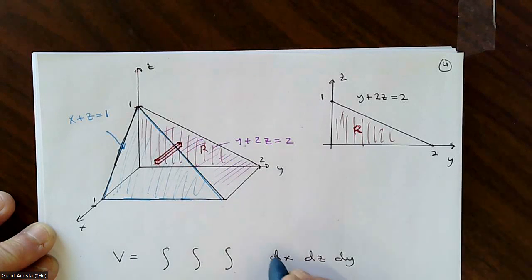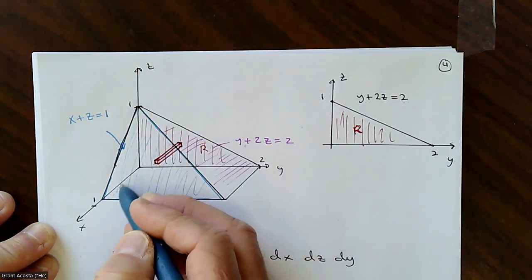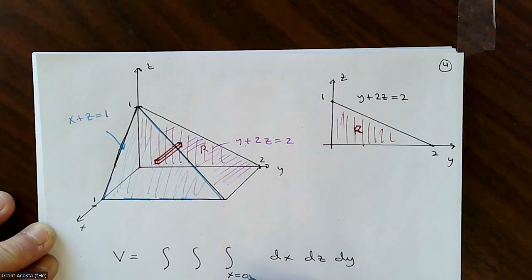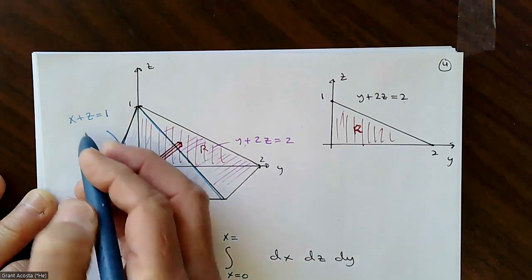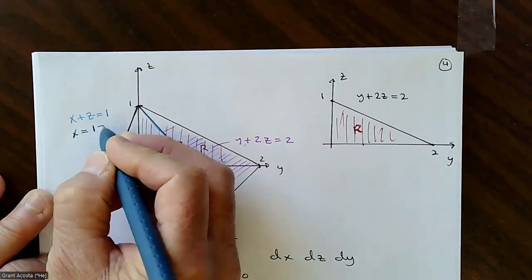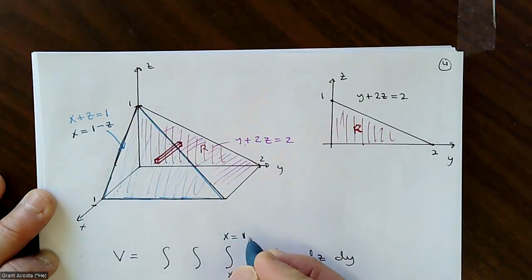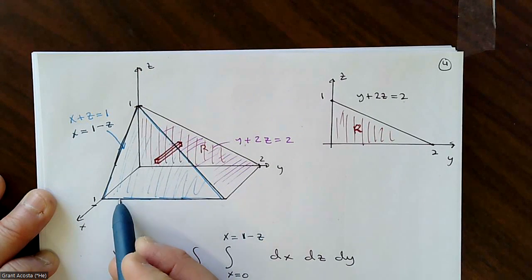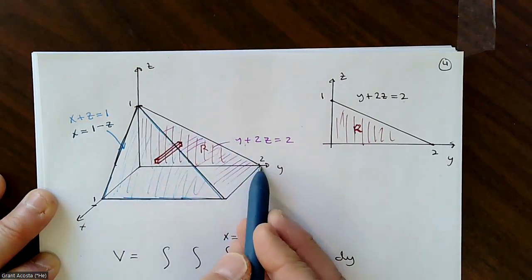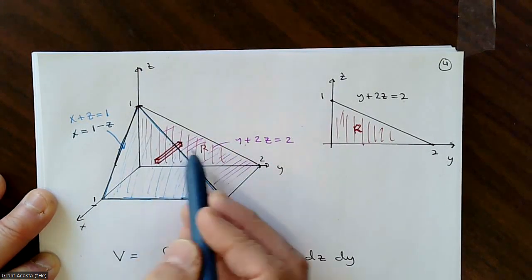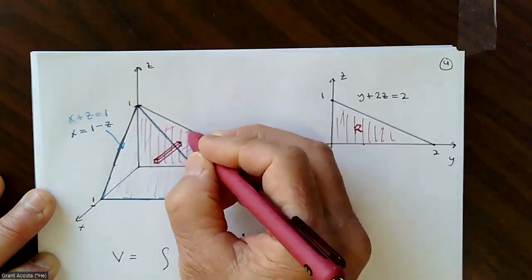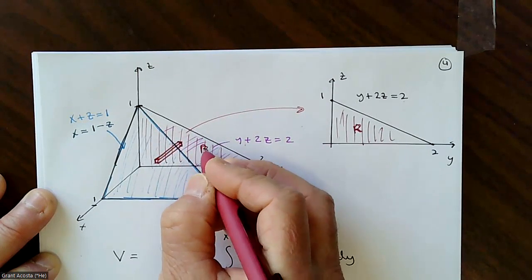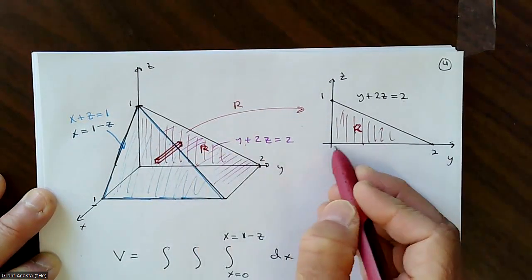So that means x is going to stretch from the back wall, where x is 0, to x equals, and now I need this equation solved for x. That is 1 minus z. And then I want to describe where all these columns lie in terms of just y and z. So I drew a separate picture for my region of integration in the yz plane.